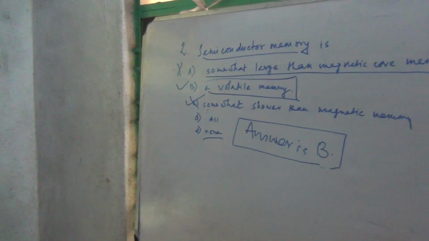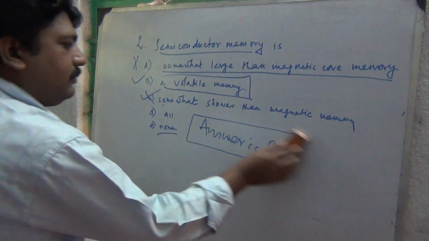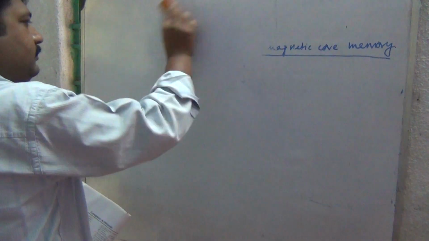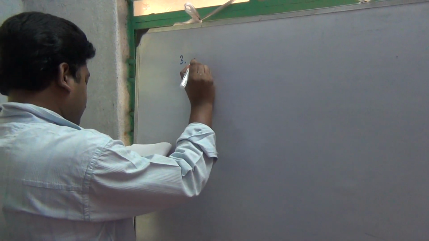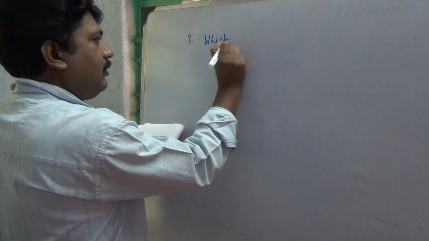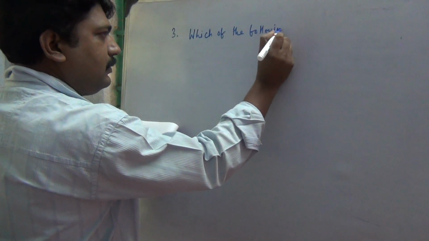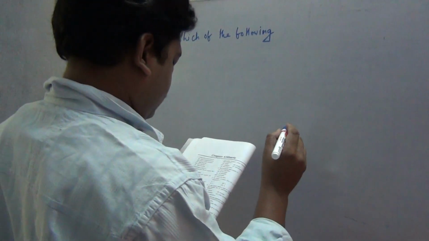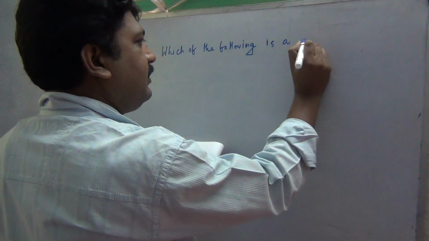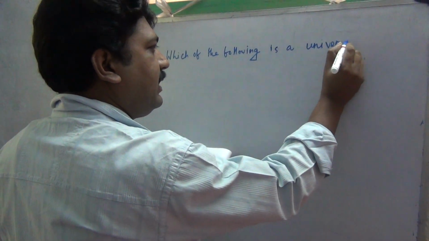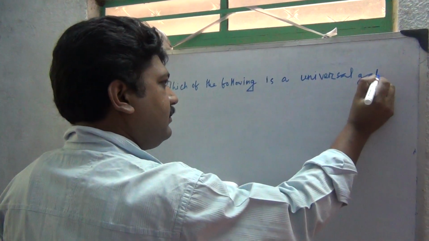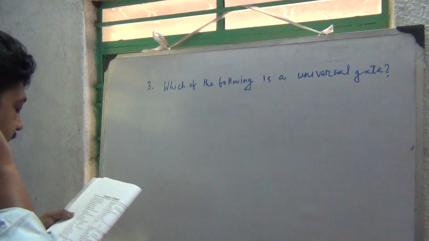Now, the third question is, which of the following is a universal gate?